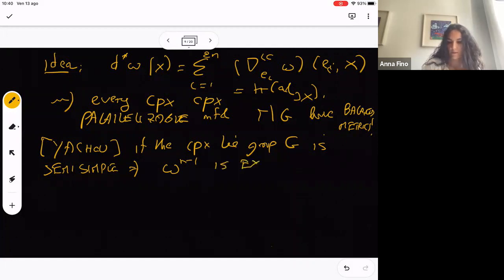That's curious. So it's not only closed, but is an exact n minus 1 form.